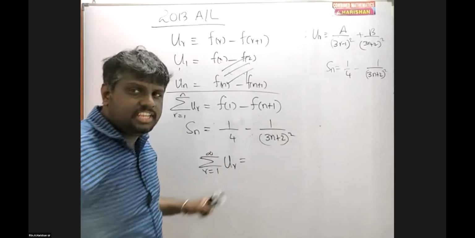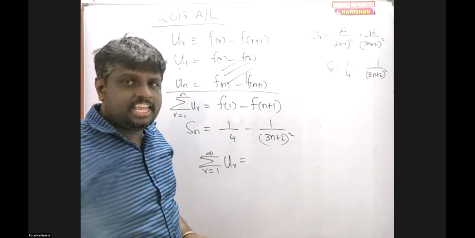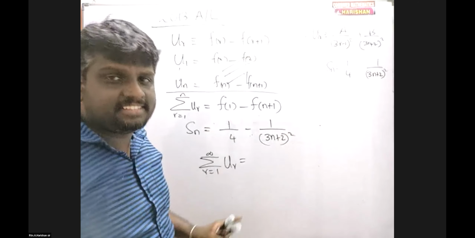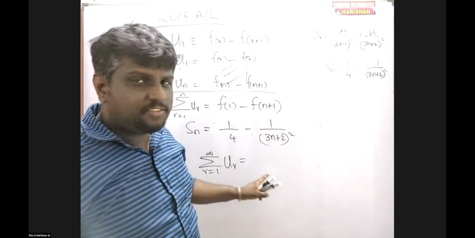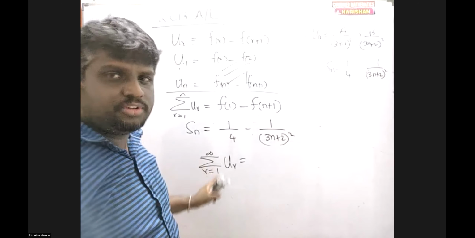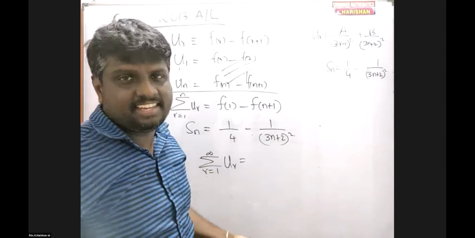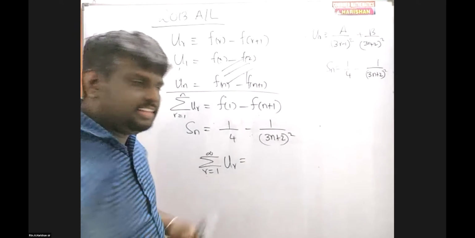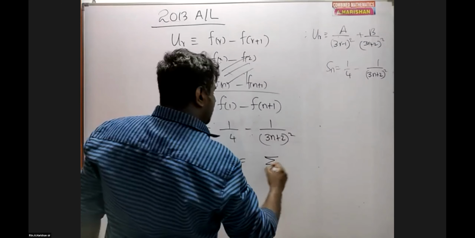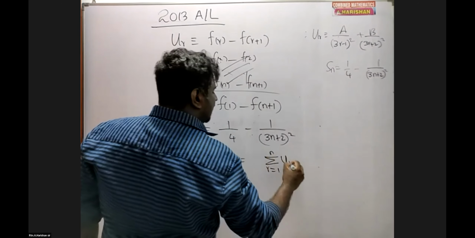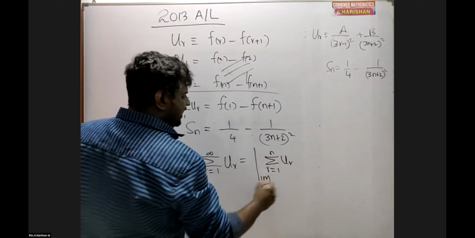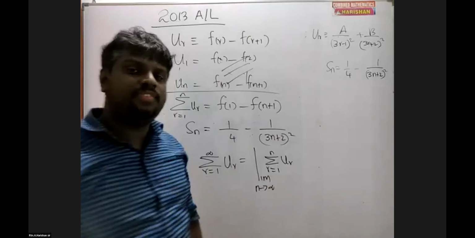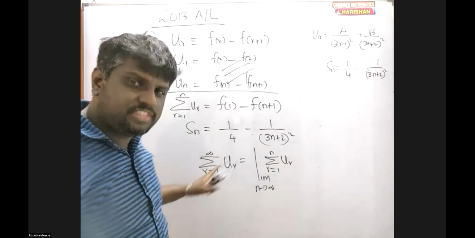If you have a finite value for this, then the series is convergent. If you don't have any finite value for the 1 to infinity series, then that series is divergent. What do you mean by 1 to infinity Ur? That means sigma r from 1 to n Ur, but with limit n going to infinity. This is the definition.